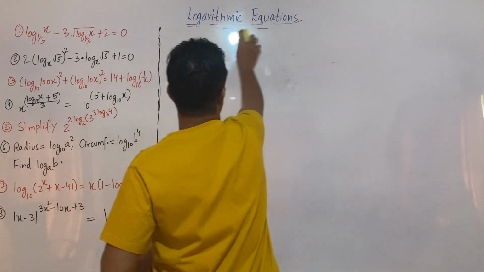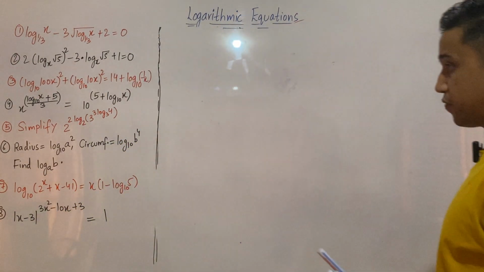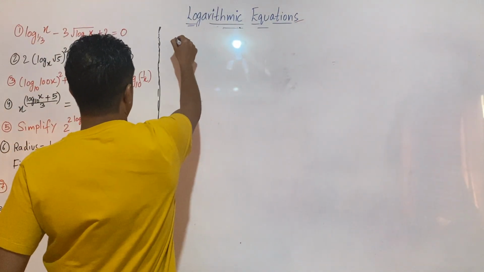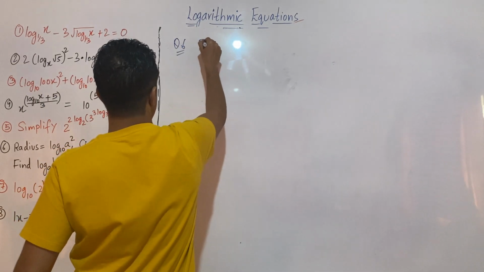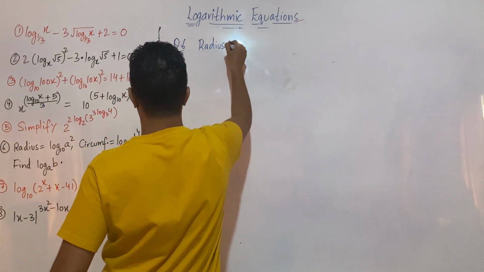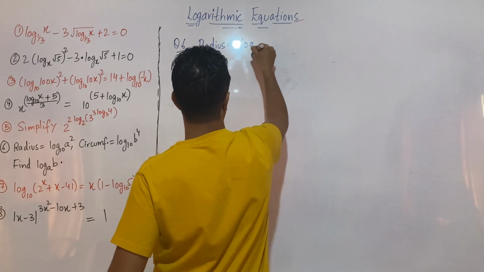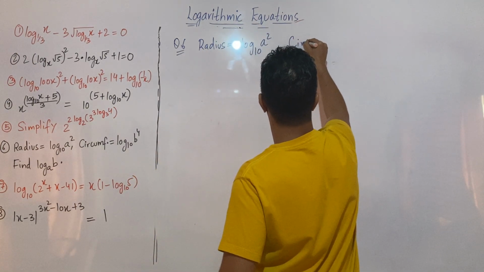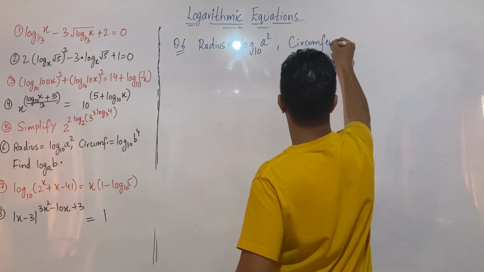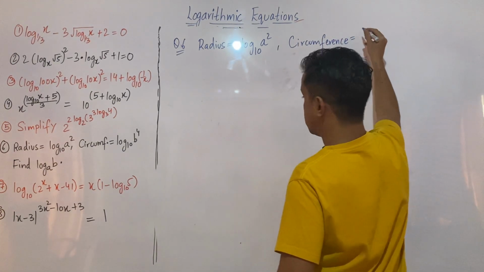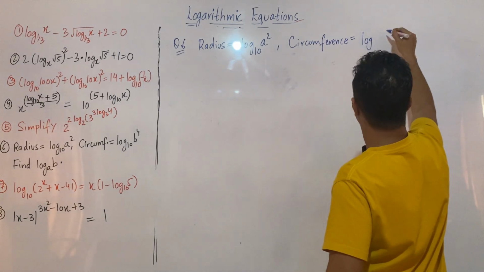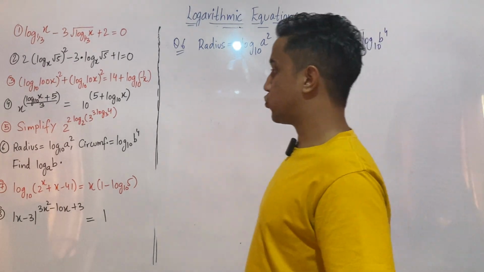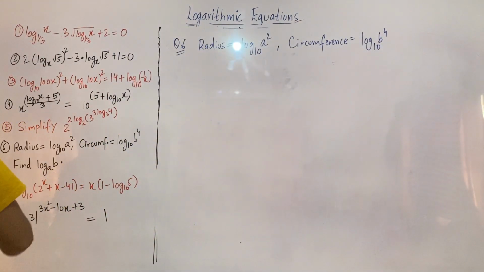The next one, question number 6, says that the radius is log a squared to the base 10 and the circumference is log b raised to exponent 4 to the base 10, and we have to find log b to the base a.